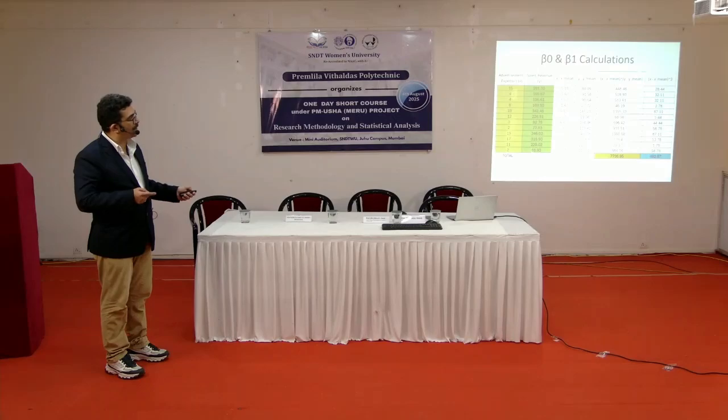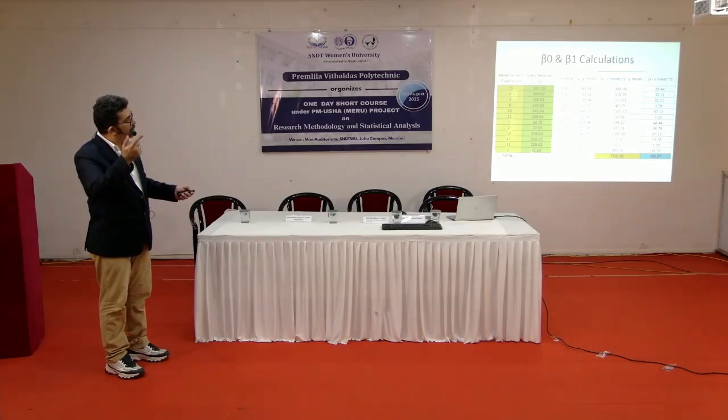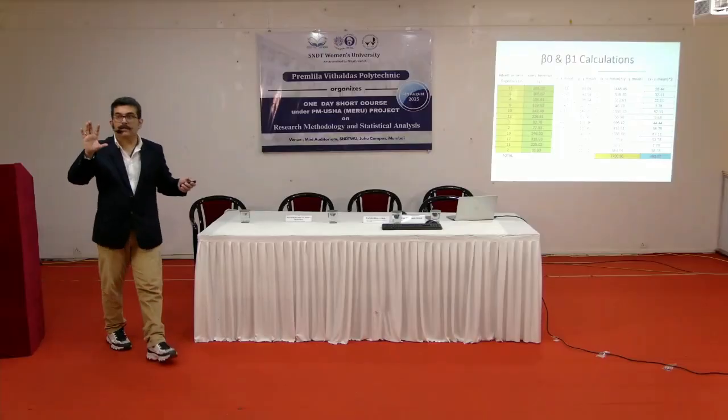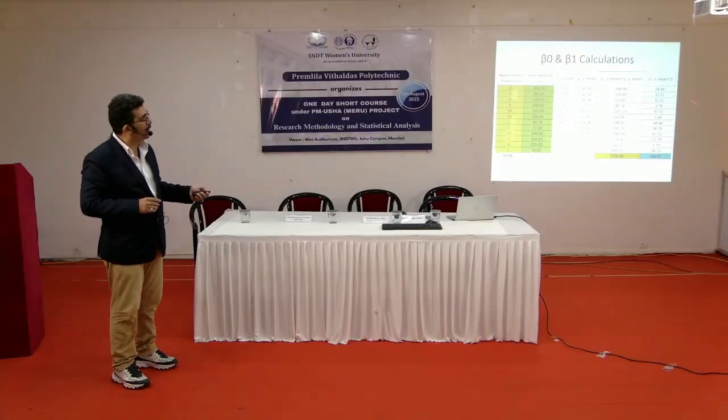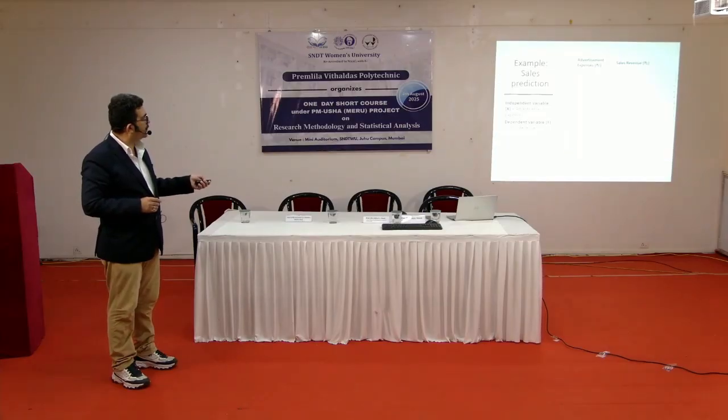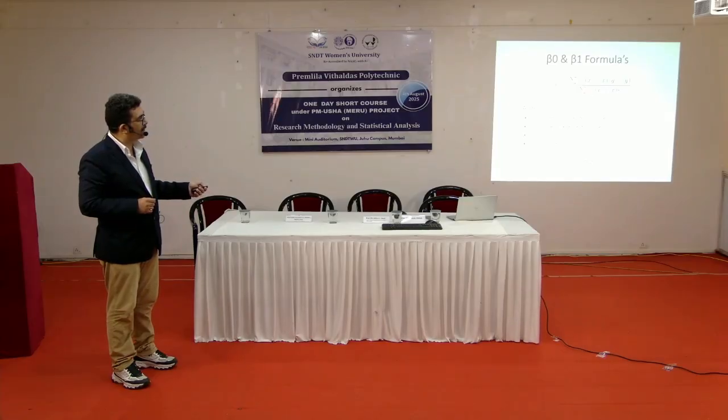Take a square of this column, x minus x mean raised to 2. This is x minus x mean square. For regression we want x minus x mean square. I'll go back and show you. See, we want xi minus x bar square, and we want the product of xi minus x bar into yi minus y bar.